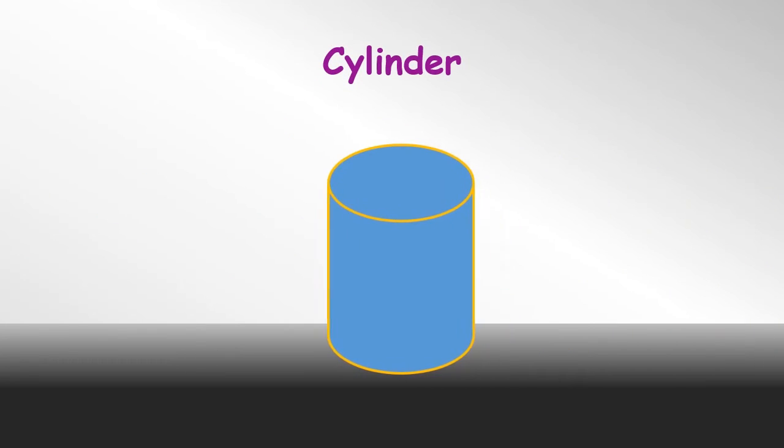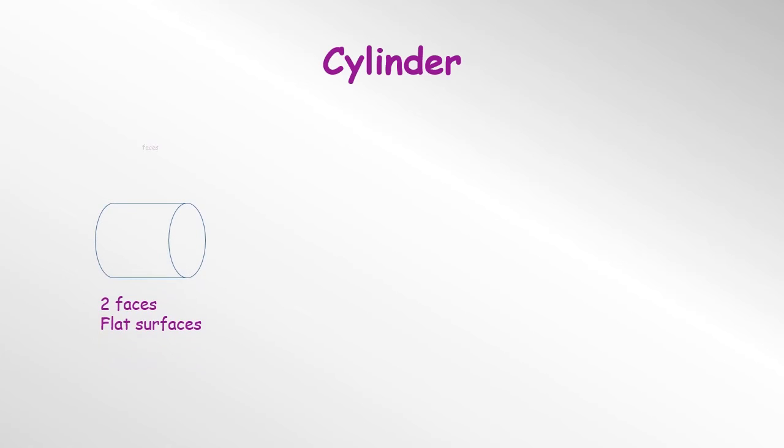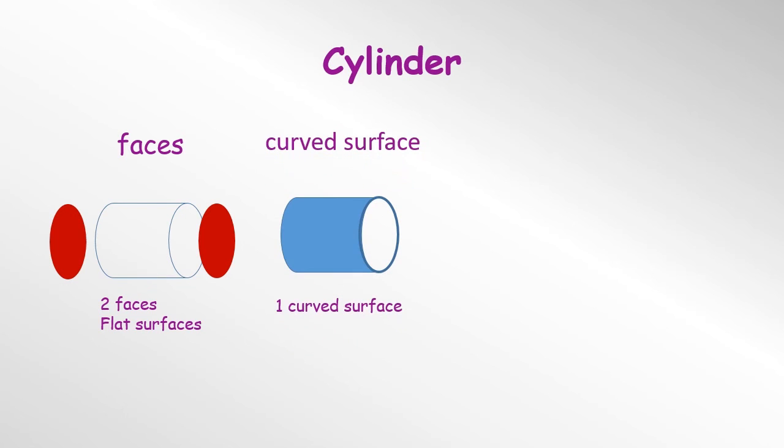This is a cylinder. The cylinder has 2 flat surfaces, which implies it has 2 faces. However, it has another surface that is curved. We can then conclude that a cylinder has 3 surfaces, 2 flats, and 1 curved. How many edges does it have then?